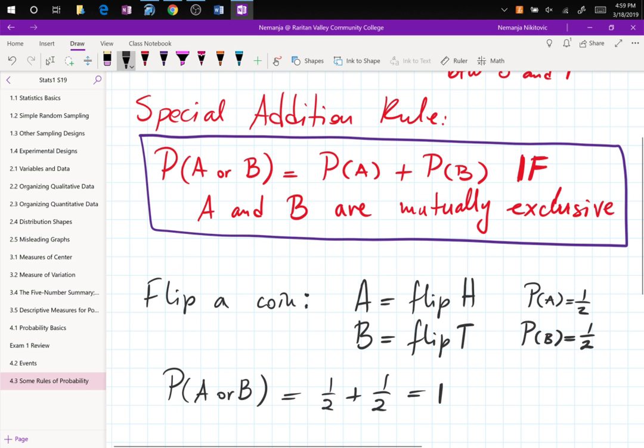I use the word or: what's the probability to flip heads or tails? Well, it has to be 100%, because there's no third option in the game at all.